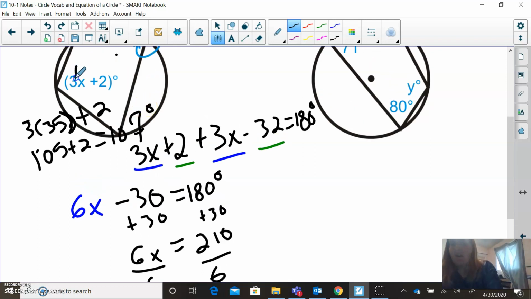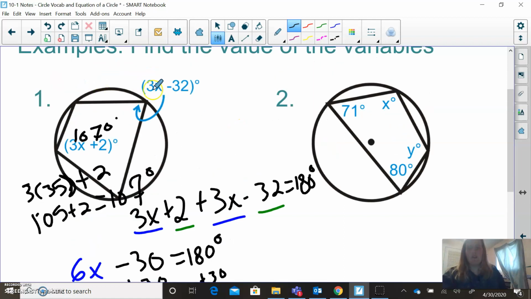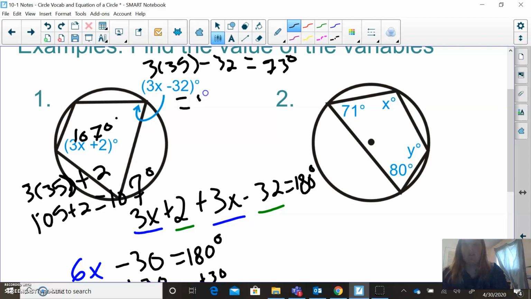So this is 107 degrees. Then we also need to plug it in for this one. So 3 times 35 subtract 32 is equal to 73 degrees. So this is equal to 73 degrees.